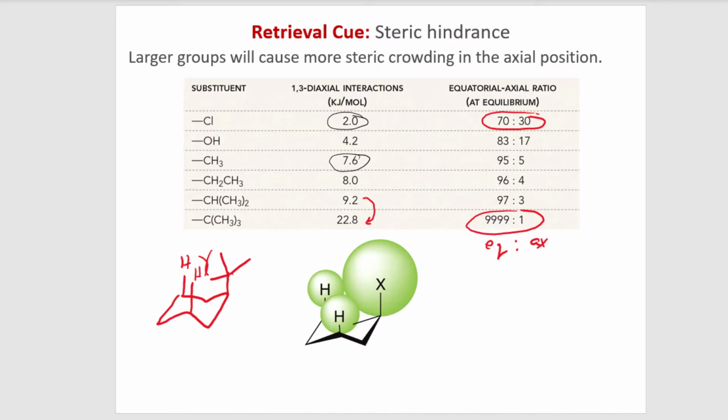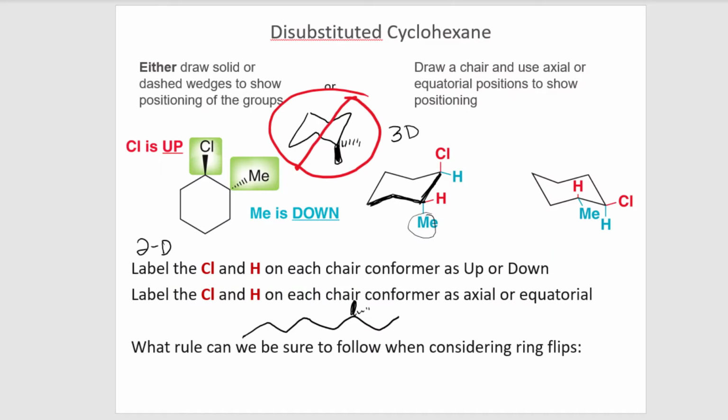So if you could look up quantitative numbers for these diaxial interactions in kilojoules per mole, or you could see this is like a tetrahedral cloud while this is one atom and it's on the small side. So I want that methyl group, which is the bigger one of the two, to be equatorial.